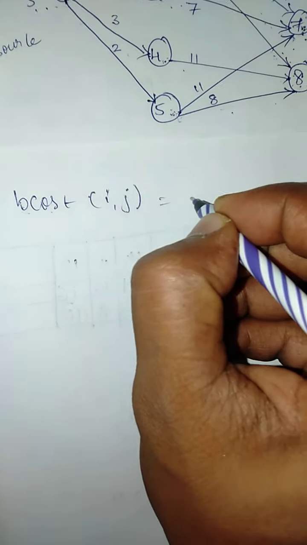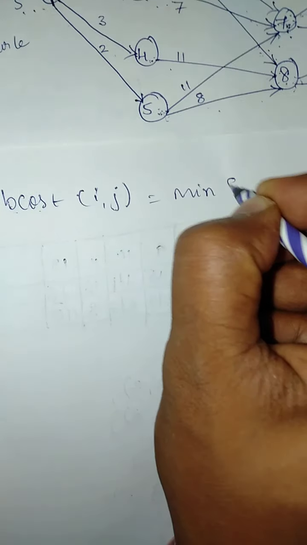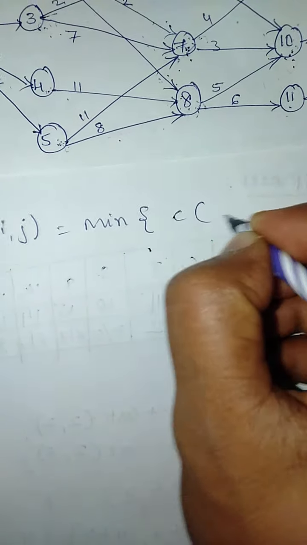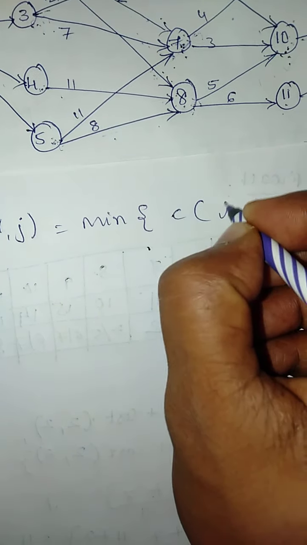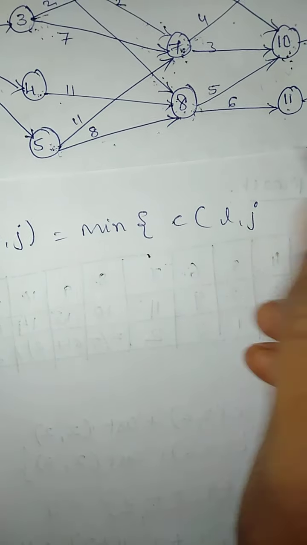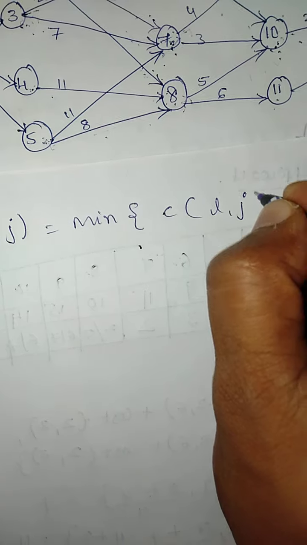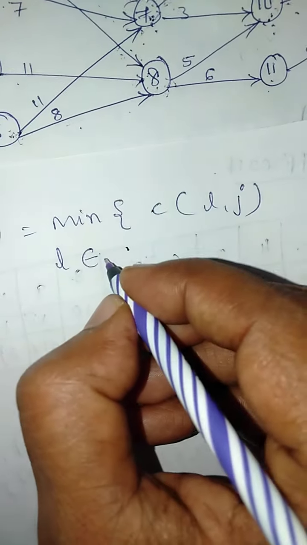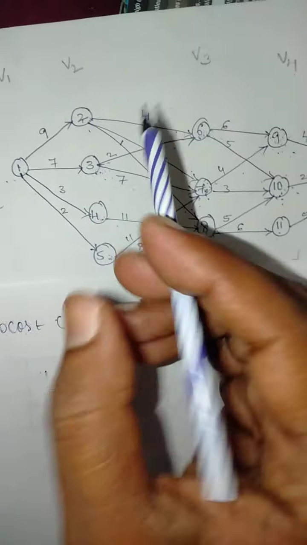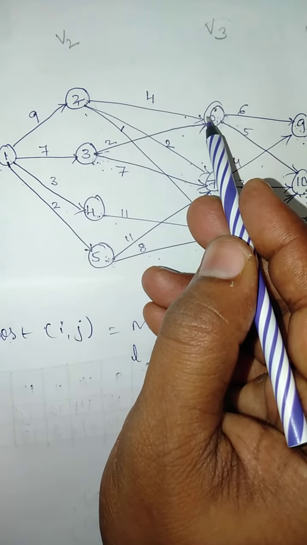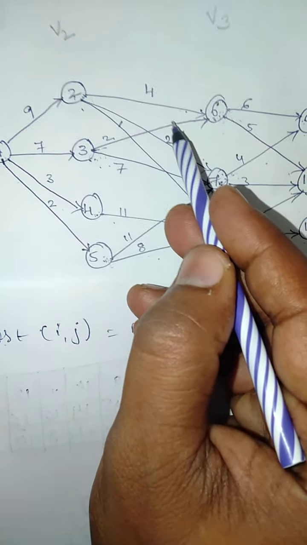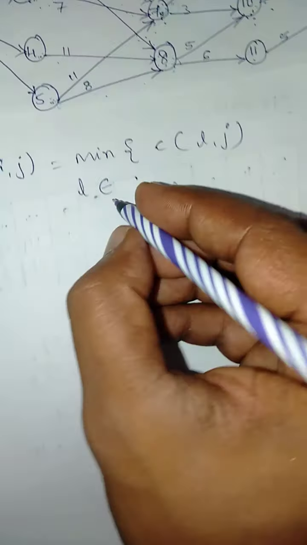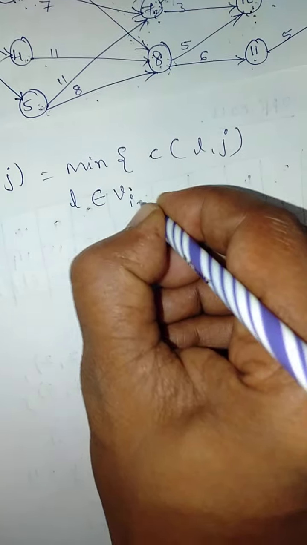Bcost is equal to minimum of the cost of the edge from l to j, where l is a vertex in the previous stage. See, in this backward approach we consider all the incoming edges, I mean edges from previous stage vertices to this vertex. So l belongs to V i minus 1.